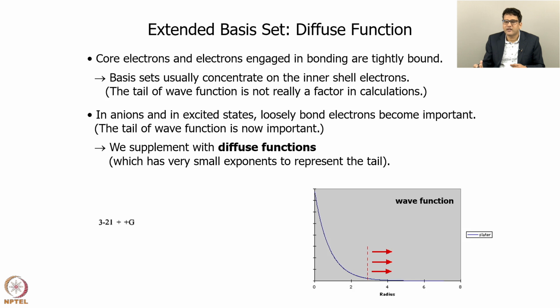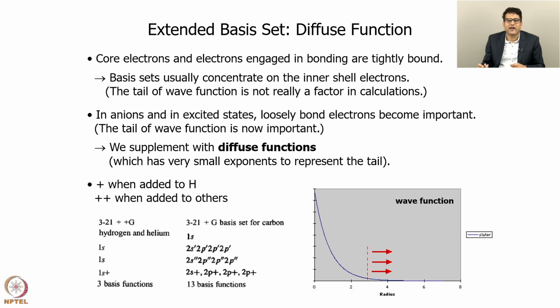So, if I add such a basis function to my basis, what was decaying here will now decay much more slowly. When I add this diffuse function only to hydrogen, that is called plus, and when I add it to the other elements also, it is called plus plus. Plus plus essentially means I have added the diffuse function to the hydrogen as well as to the other elements.